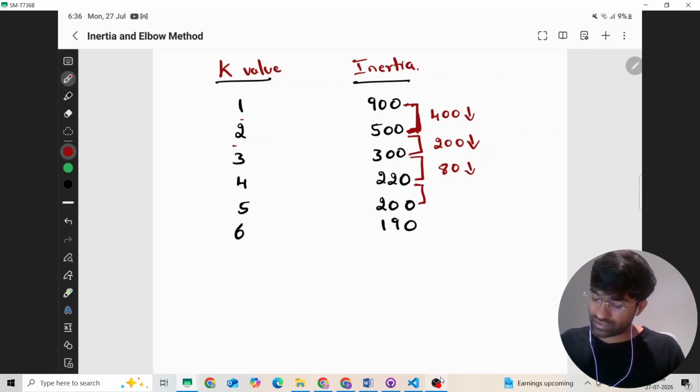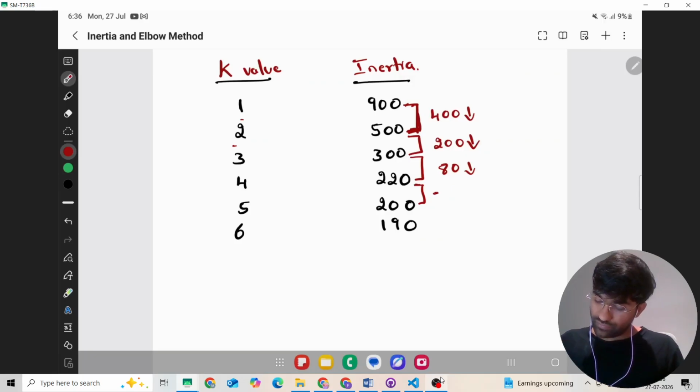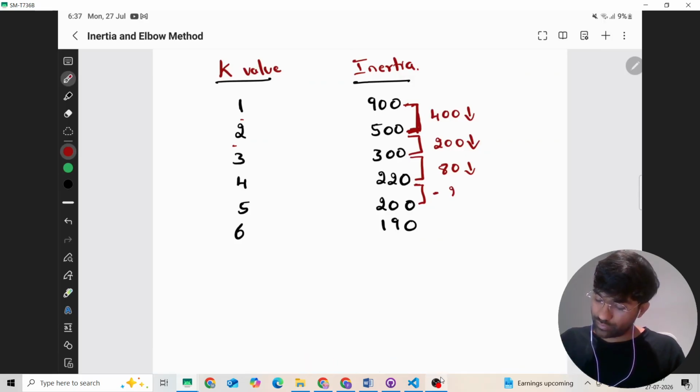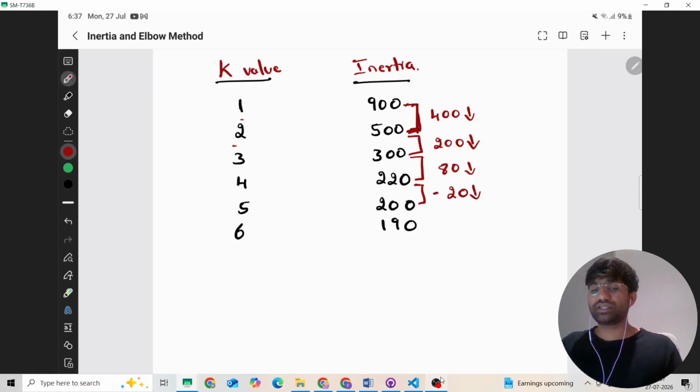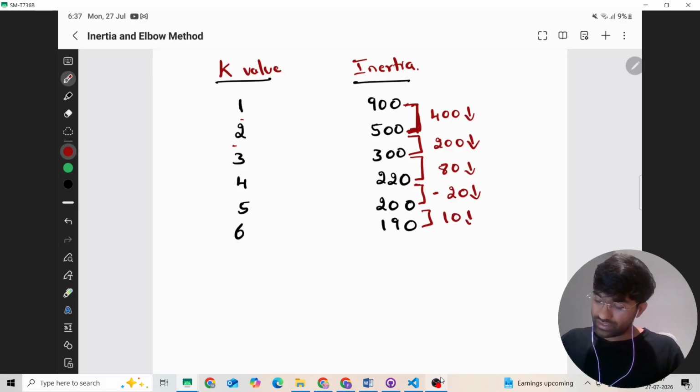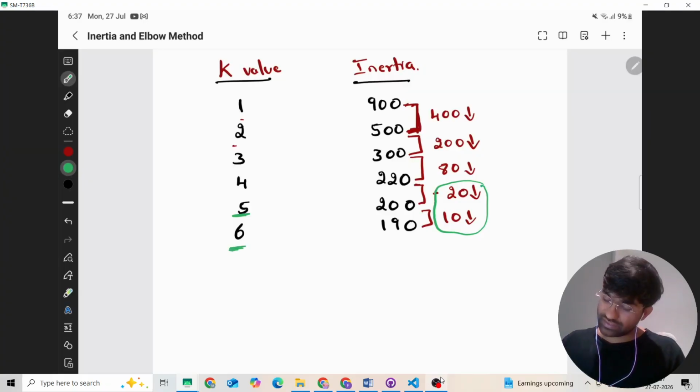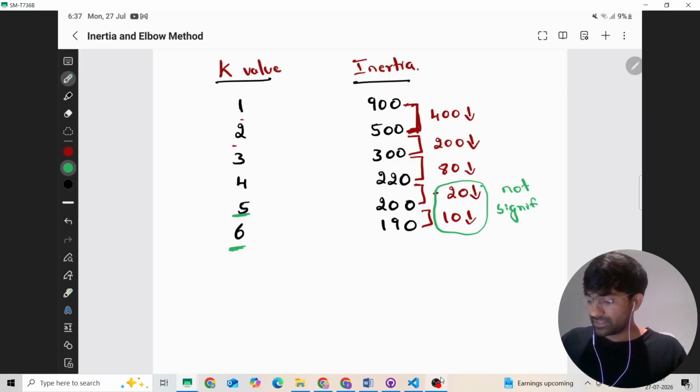But you have observed the next k value is 4 and k value is 5: only a 20 units decrease in inertia. And here only a 10 units decrease. So adding k values 5 and 6, there is no significant reduction in inertia.